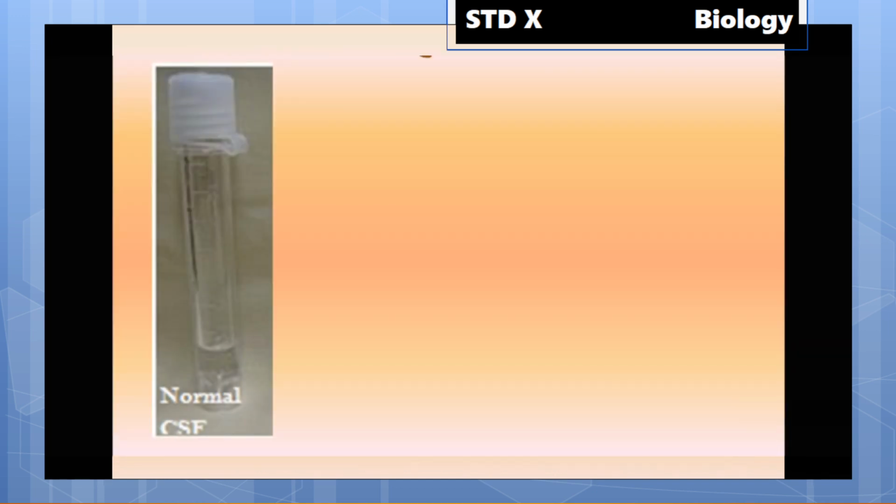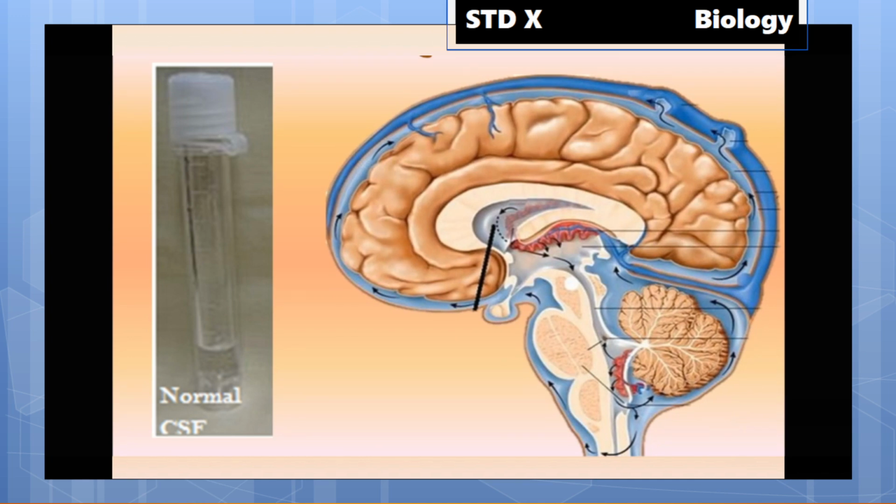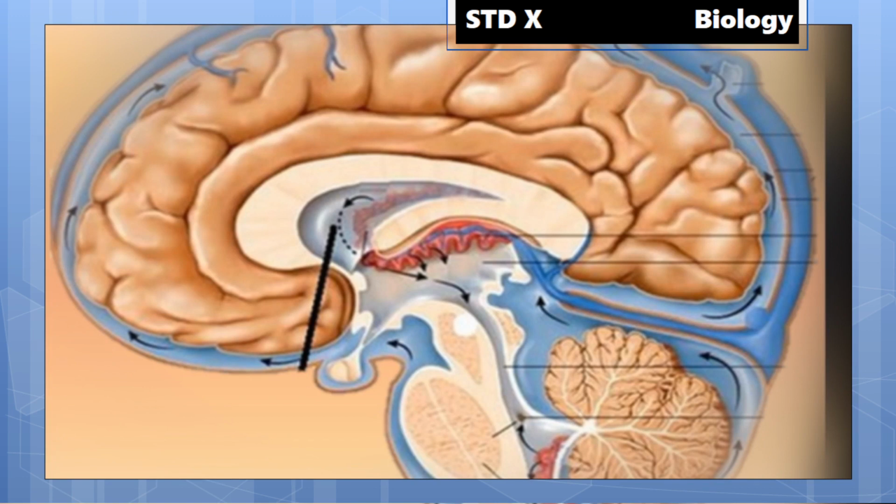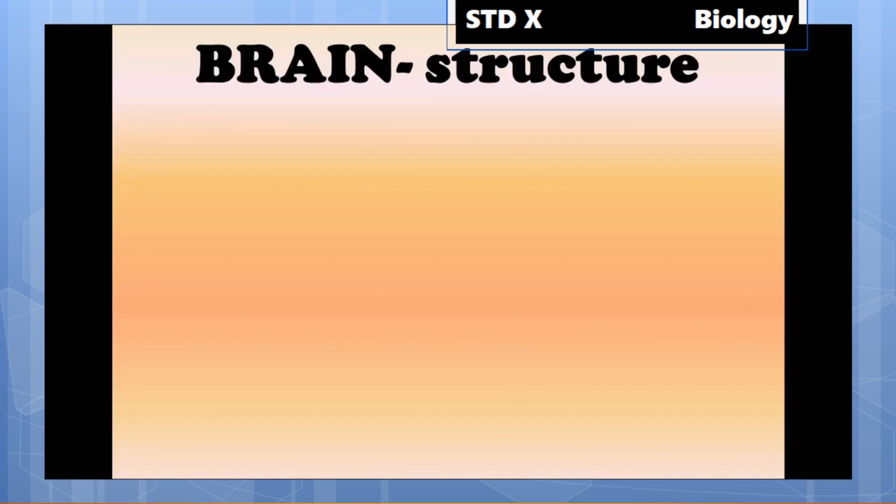Here you can see the normal CSF in a test tube, which looks like a water-like liquid. And in the second picture, you can see the various movement of cerebrospinal fluid, which is indicated with the help of small arrows. Moving to the parts of the brain.